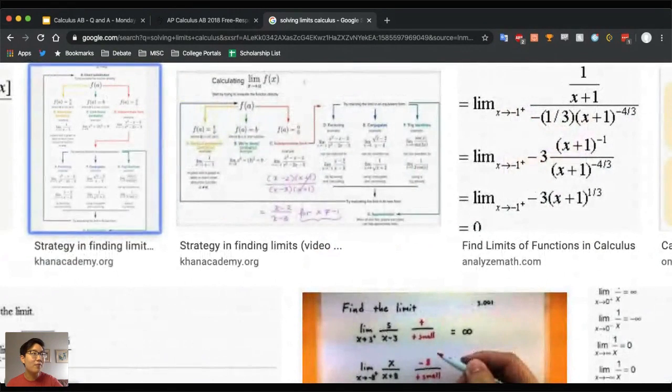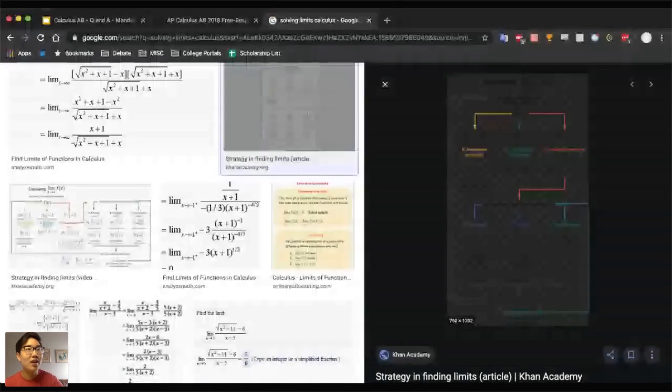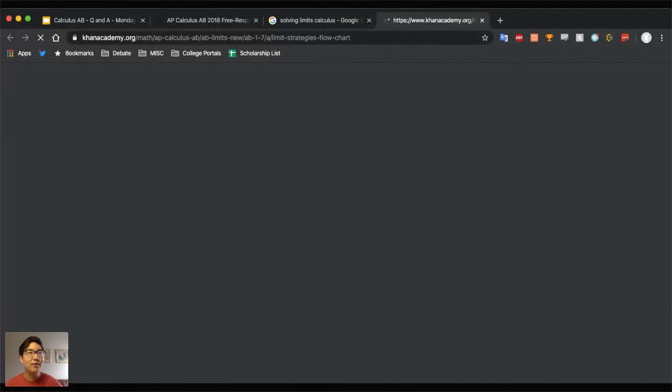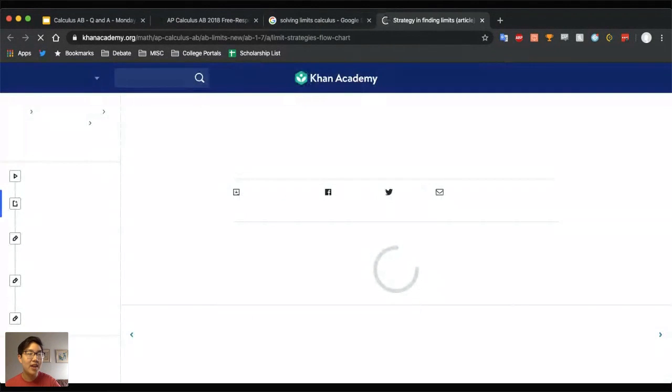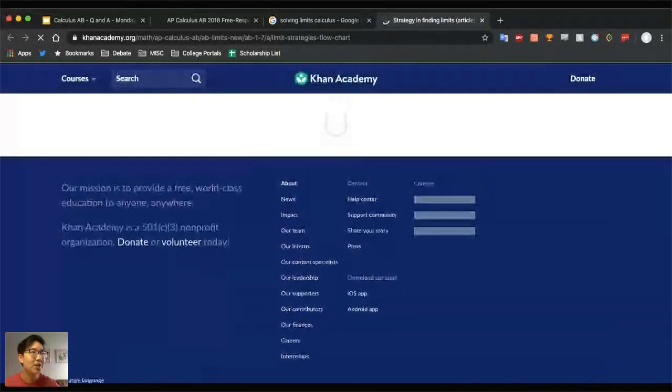But you want to start off by trying to evaluate the limit with direct substitution. If that doesn't work, then we want to see if there's an asymptote or something along those lines. And let's see if this flow chart loads, because this is what I used in AB when I was evaluating limits.